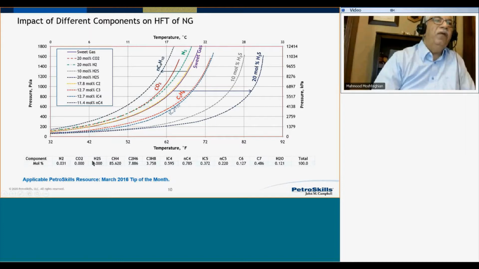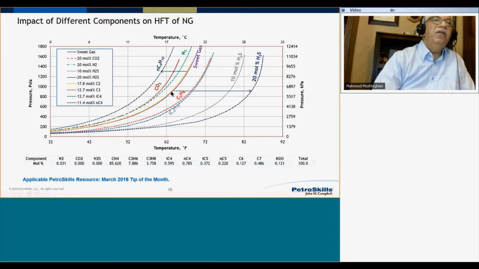If I plot the hydrate formation pressure versus temperature for this composition, I get this purple curve. Any point to the right of this purple curve is the hydrate formation free zone, no hydrate formation. And any point to the left of this, we may have hydrate formation.